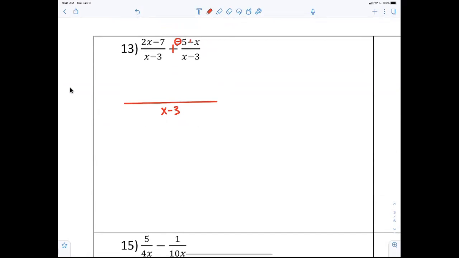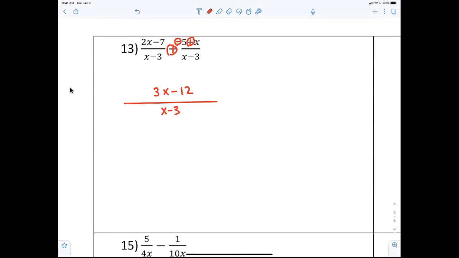So it's 3x minus 12. So now we have 3x minus 12. Thank you. Now, is that the final answer, though? No, because you can do it. There's a common 3 in the numerator. So what do you think the answer is?